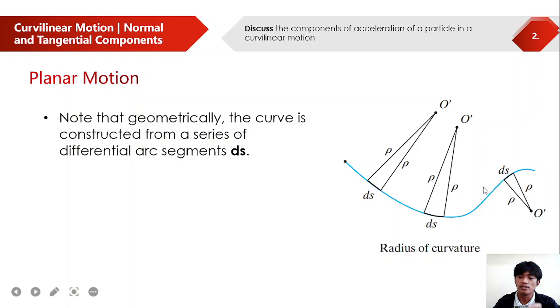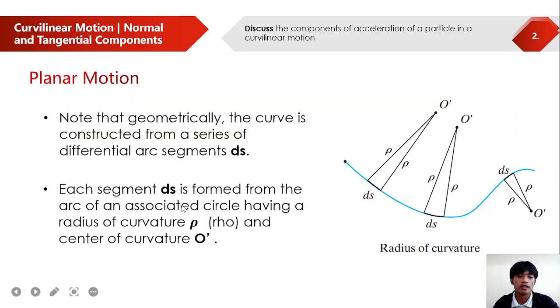Just imagine that you zoom into the path of our curve, and then we see that there are ds. It is composed of ds arc segments. So therefore, each segment ds is formed from the arc of an associated circle having a radius of curvature rho and center of curvature O prime.